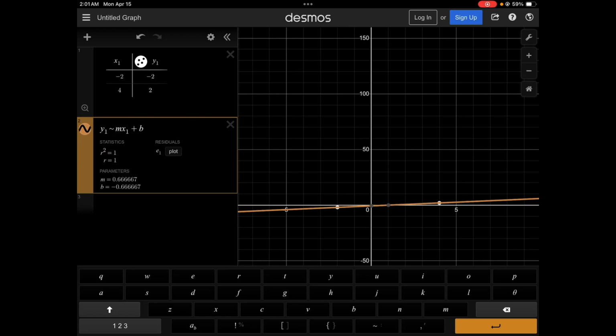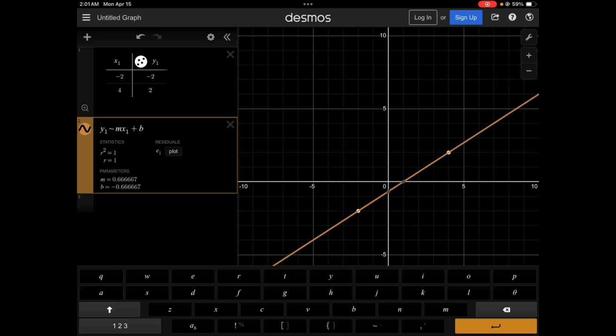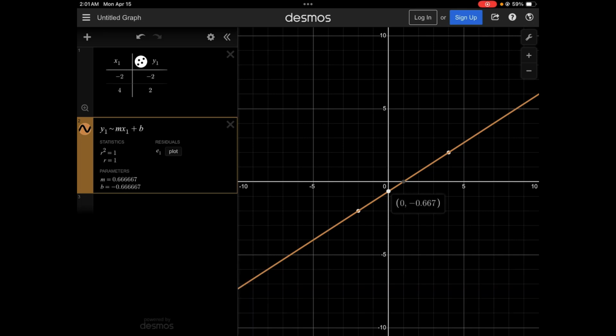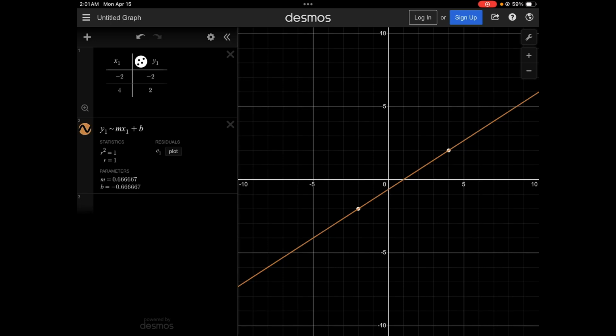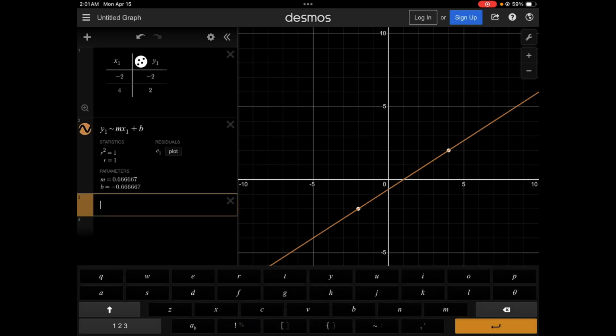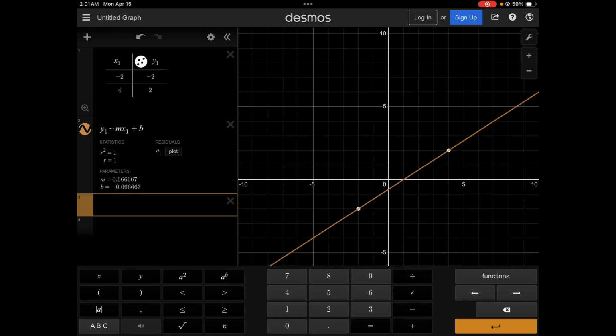So here it's gonna give me that the slope is 0.666 and the y-intercept is negative 0.666. Okay, that's the y-intercept. But the slope here is a decimal. What will I do? Let's see if I can convert it into a fraction.